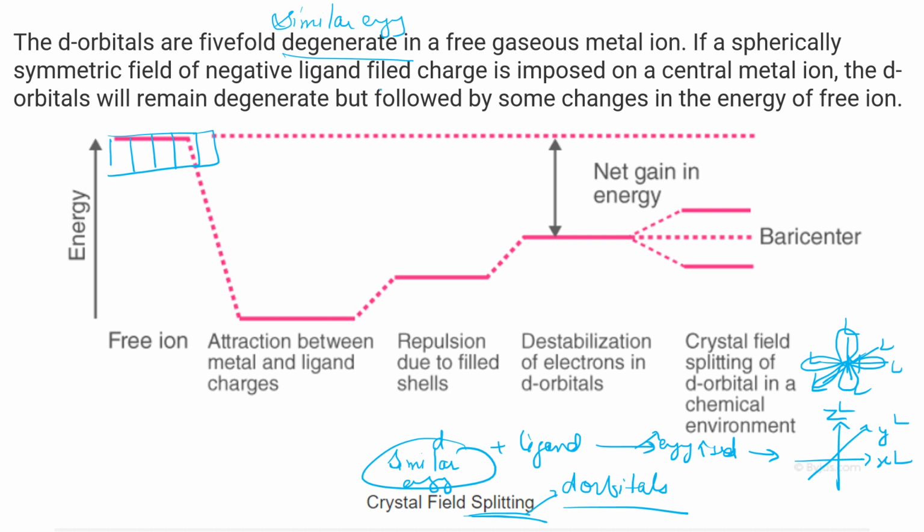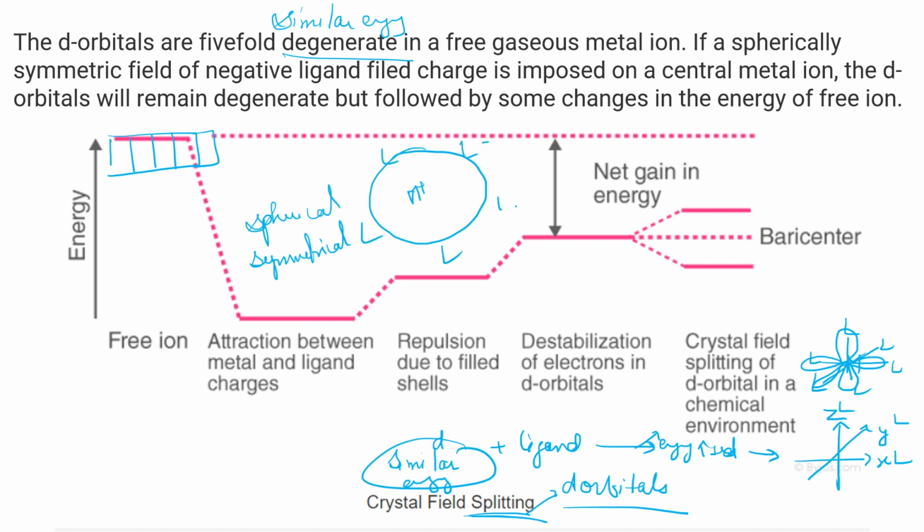If a spherically symmetrical field of negative ligand charge is imposed, that means symmetrically from all the directions, similar repulsion is there, similar attraction is there. Ligand is negative charge, metal is positive charge.